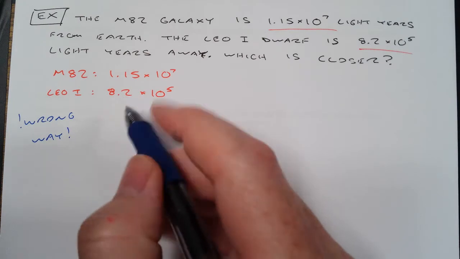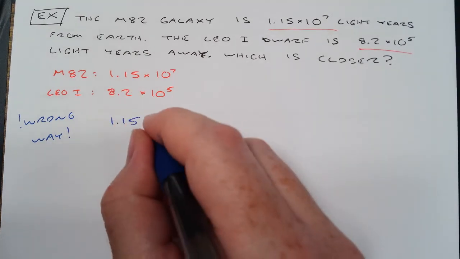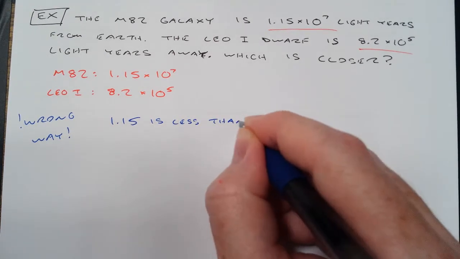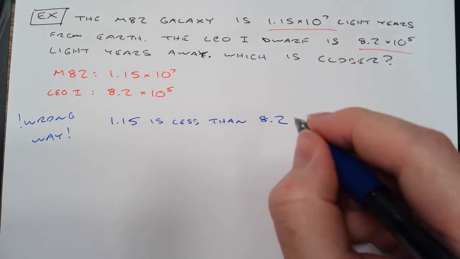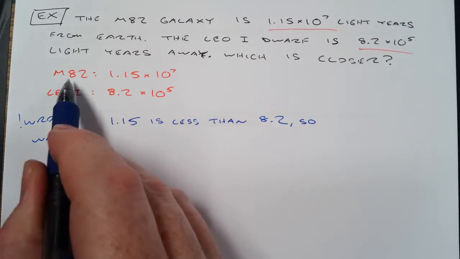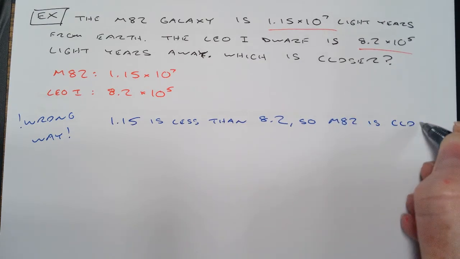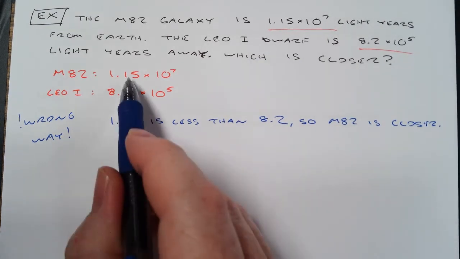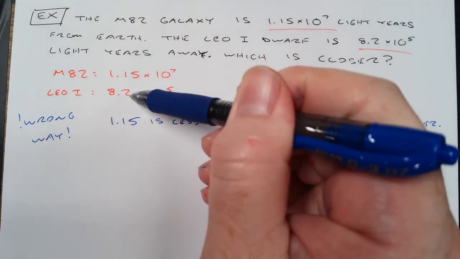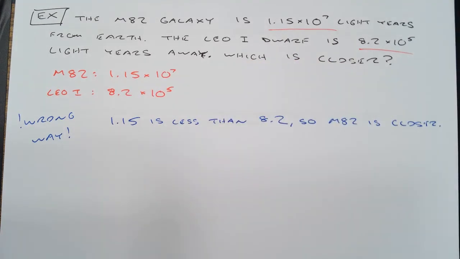Some people look at these two numbers and say, well, 1.15 is less than 8.2. So, because 1.15 lines up with M82, M82 is closer. If you're going to walk, you want to walk 1.15. You don't want to walk 8.2. So this is closer than this because 1.15 is smaller than 8.2.